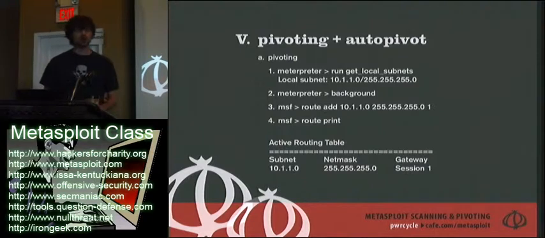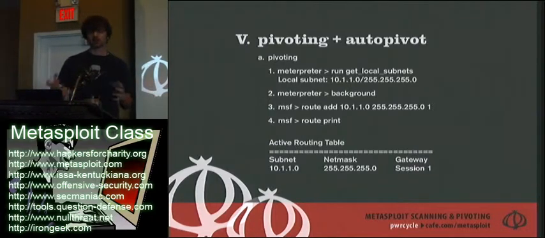The third thing I wanted to talk about was pivoting. In a networking context, when you exploit a particular box, there's a chance that that box is going to be able to talk to other boxes that you can't connect to. If you're coming in from the outside of a firewall and you get a reverse shell from one particular IP address, and let me say there are lots of different ways to exploit somebody.